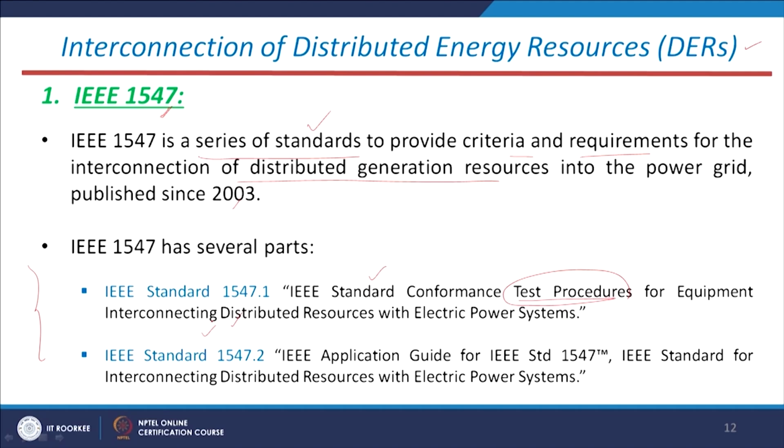What are the test procedures? We should maintain before connecting the equipment, which basically connects the DERs to the power network. So, those test procedures should be followed before connecting the DERs to the distribution network or transmission network.